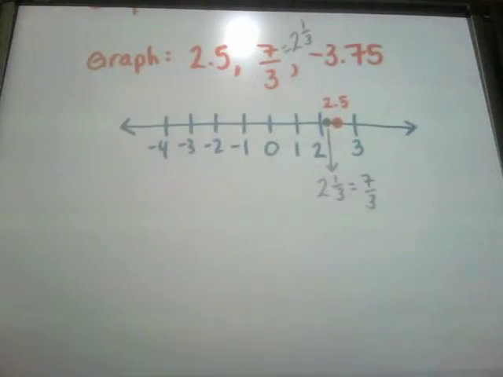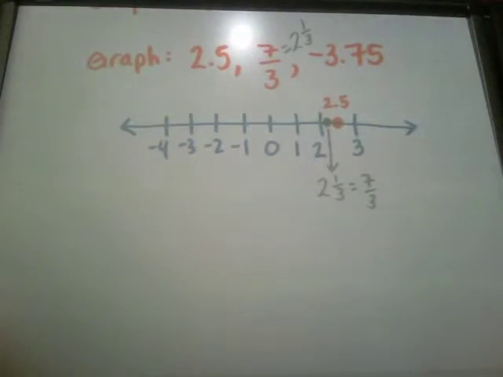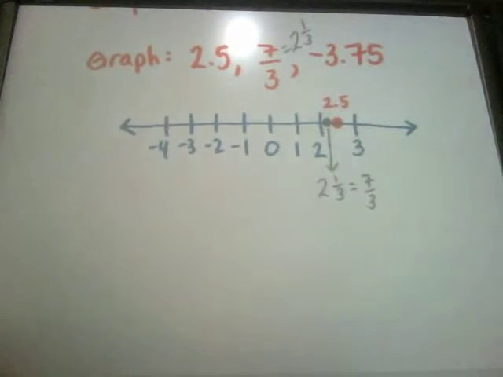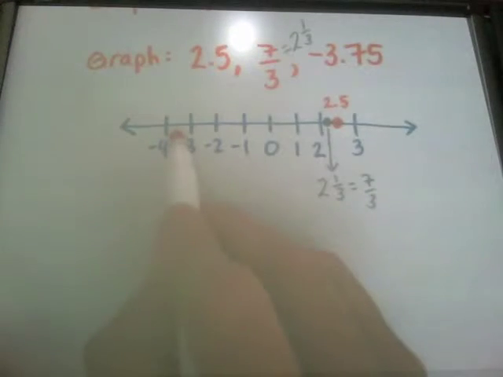Okay, last one, negative 3.75, where will it go? We're looking towards the negative numbers, so between which? CJ? Between -4 and -3. Good, between -3 and -4. Now again, the dot placement, you want to try to get it as accurate as possible. So negative 3.5 would be in the middle.